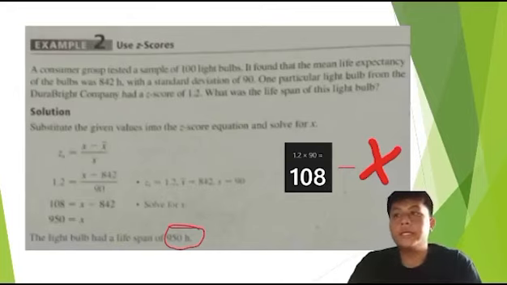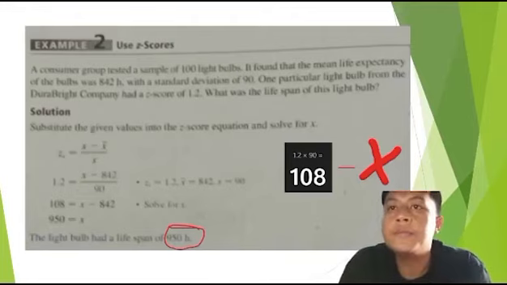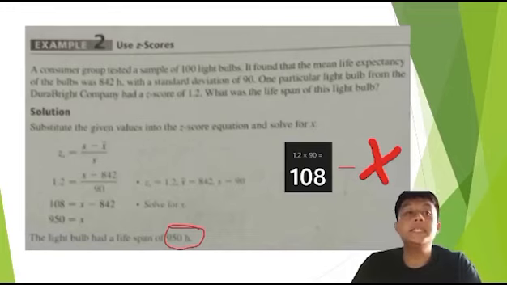Makikita ninyo bakit naging 108 kasi ang 1.2 natin na z-score is ita-times mo siya sa standard deviation. 1.2 times 90 is equal to 108.